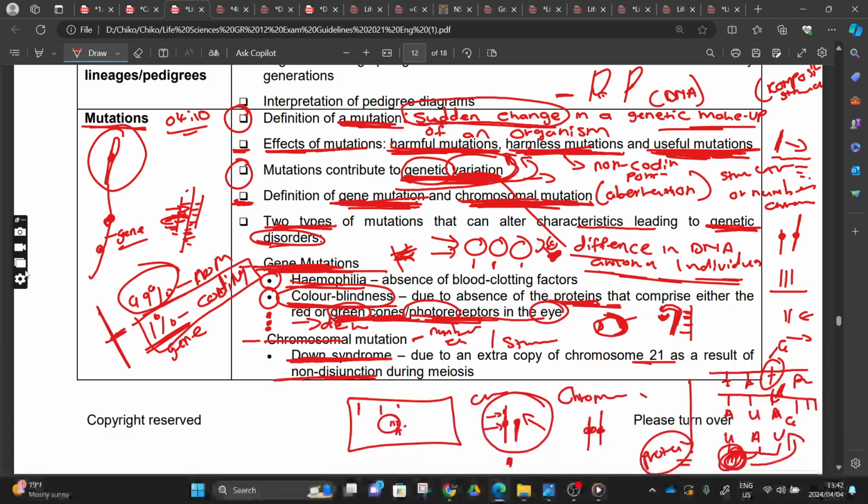Although it's the right thing to say in reference to a gene mutation, it's a type of mutation, but here we're just going to say it's a gene mutation and we end there. So we might find that it was deleted or it was inserted. It's a gene mutation. It's a mutation that is happening at a genetic level, right? I hope you get that. Thank you. Let's move on, guys.